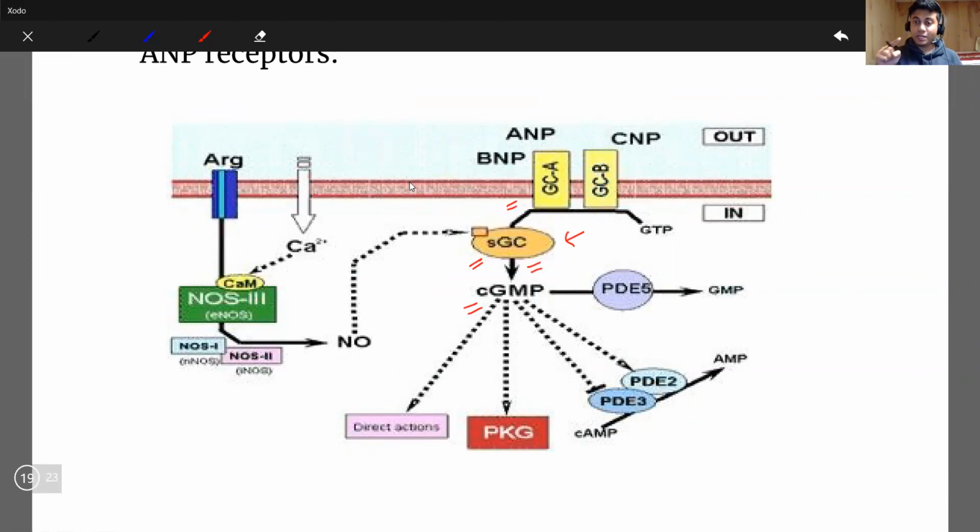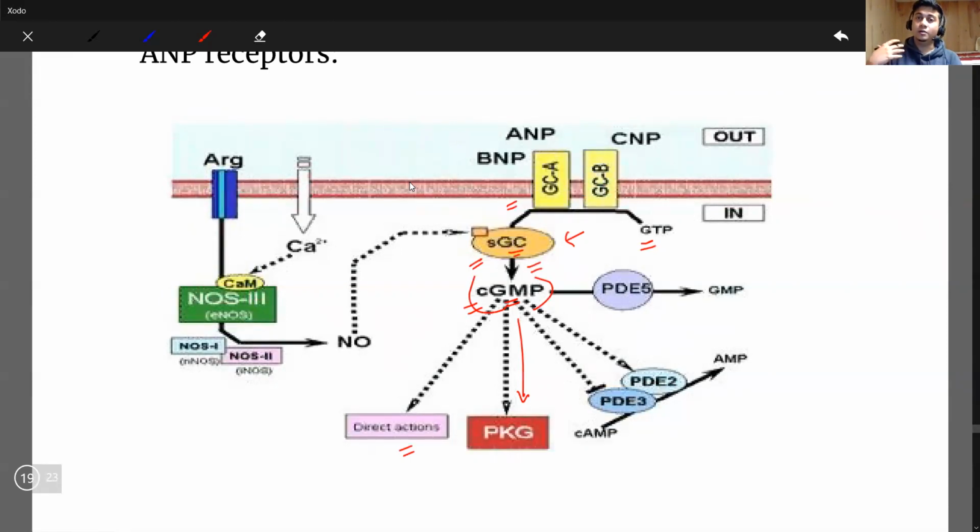That means GTP converts into cGMP with the help of, I think, GC, meaning this guanylyl cyclase. They stimulate this GC to convert the GTP into cGMP, and this cGMP works in its action, like it can stimulate the PKG, the protein kinase G, or it can directly do some action.